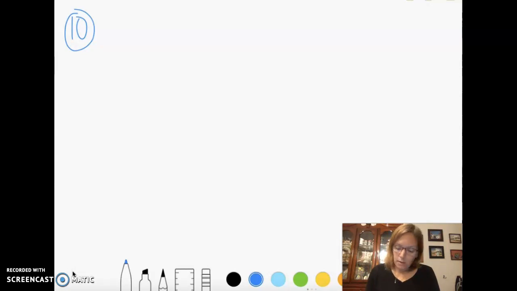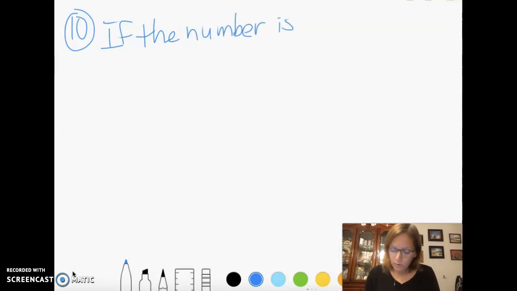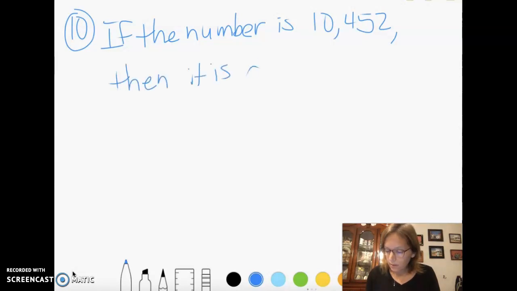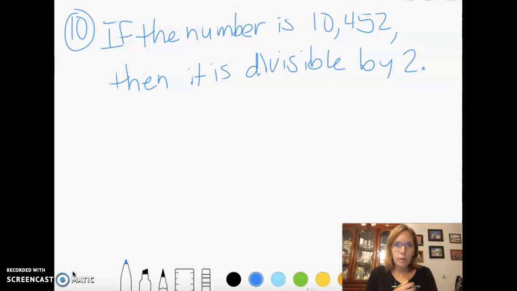So if the number is 10,452, comma, then it is divisible by 2. And the directions were telling me those rules that I needed to follow for that, okay?